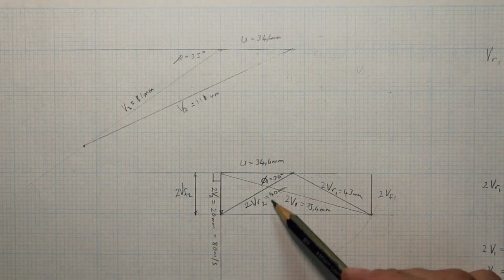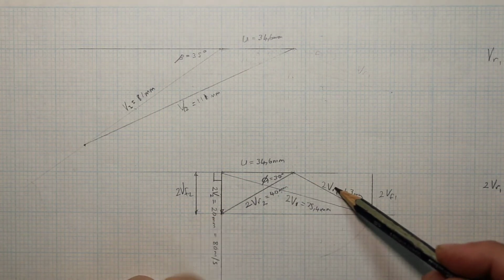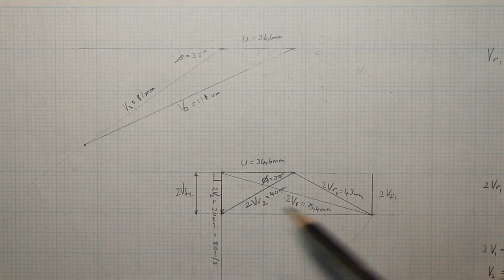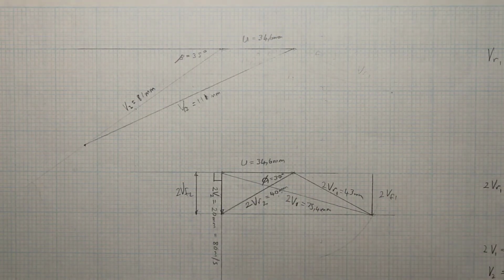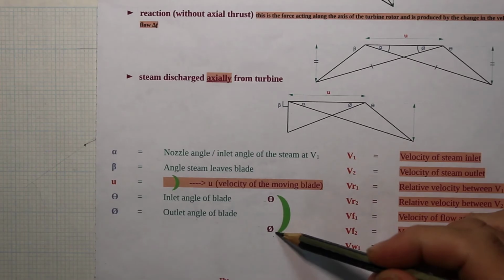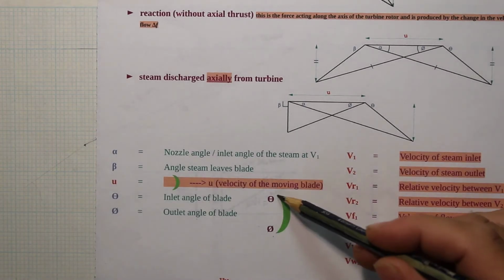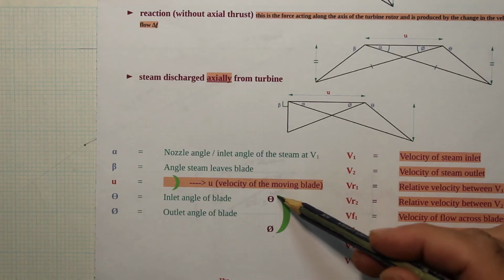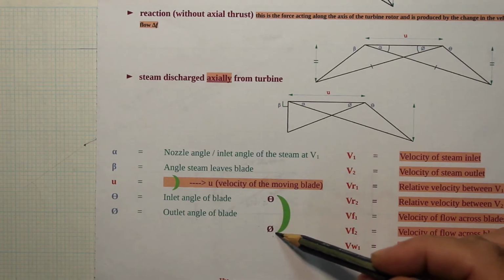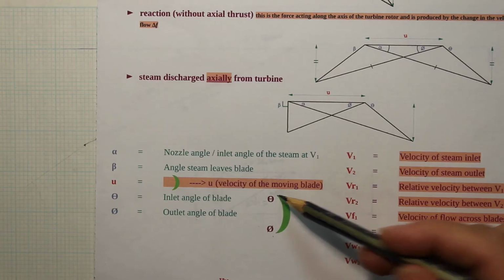All right. And now, how can we get what the relative velocity 1 is? Now, obviously, if we go backwards, so if we move backwards along the blade, that's where VR2 is at the bottom of the blade. If we get back to the top of the blade, obviously that's before the friction. So it means that the relative velocity after the blade has to be less than the relative velocity before the blade.